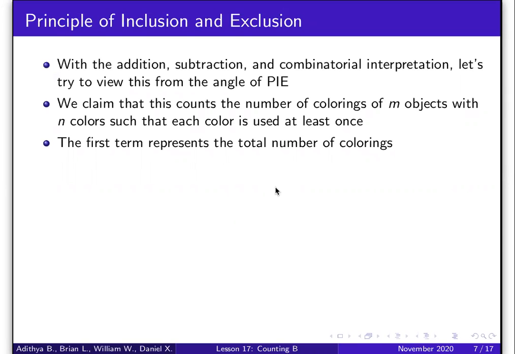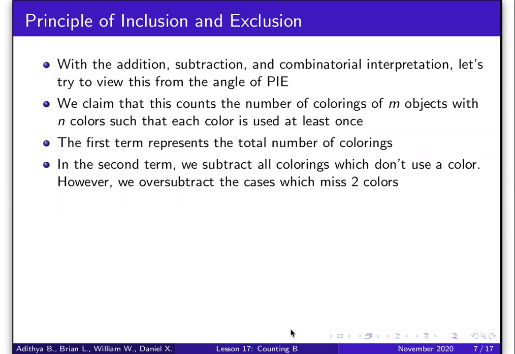No surprise there. As we said earlier, we can do the coloring with no restrictions. In the second term, we're going to subtract every coloring that doesn't use a color. As I mentioned before, everything in that term uses at most n minus 1 colors. And actually, everything with at most n minus 1 colors is in that term. But there might be some overcounting. So we subtract that first.